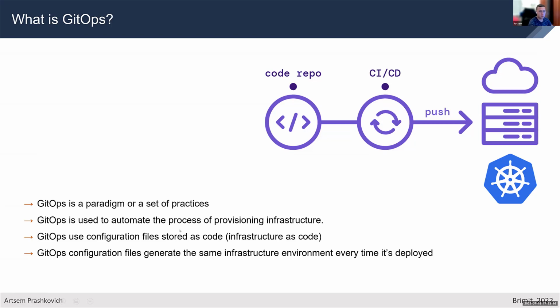So what can GitOps actually do? The main reason for GitOps is to automate the process of provisioning infrastructure.